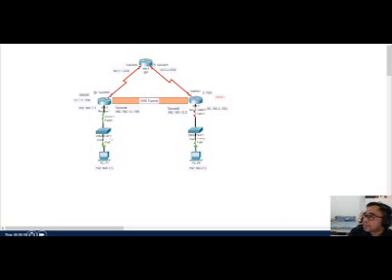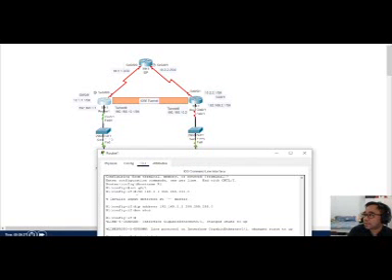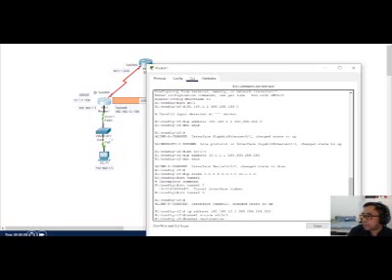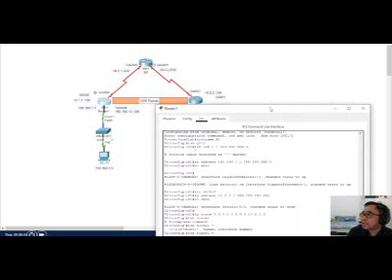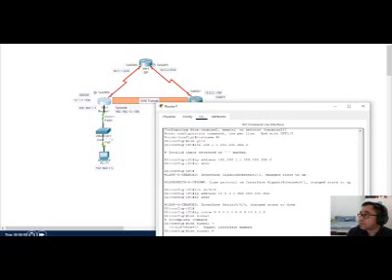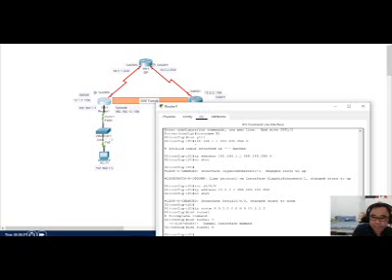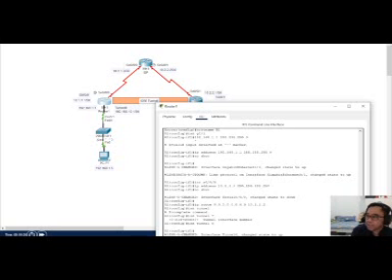What's the IP? This one. Okay, 10.2.2.1. That's the destination. Okay, then let's exit.